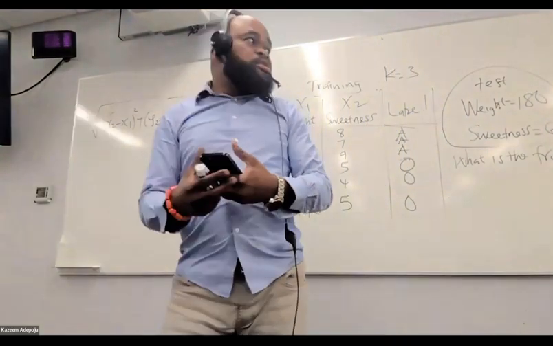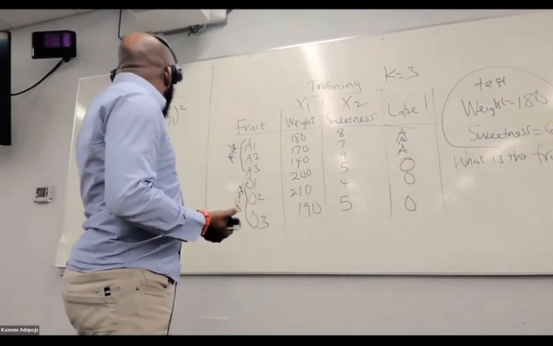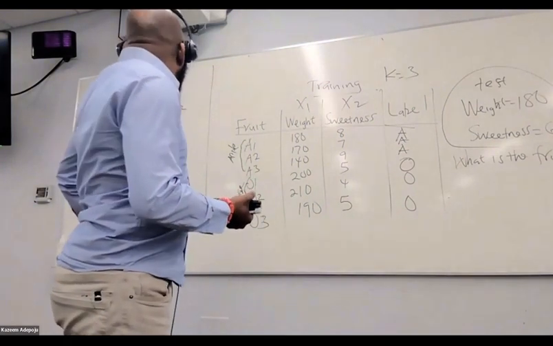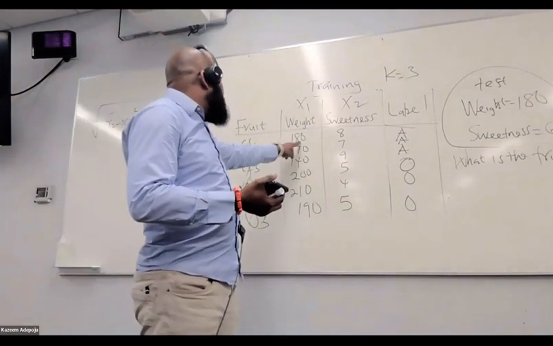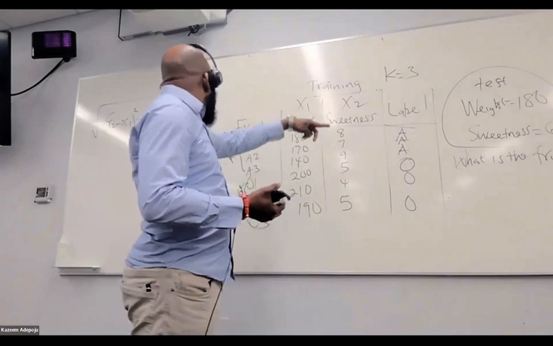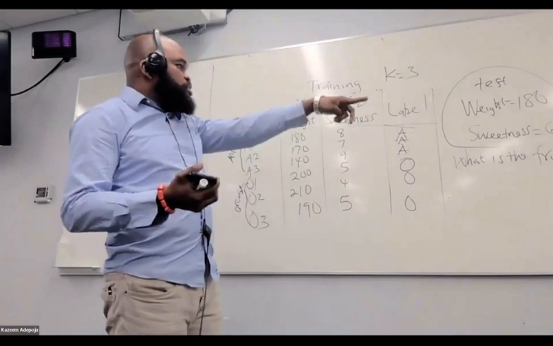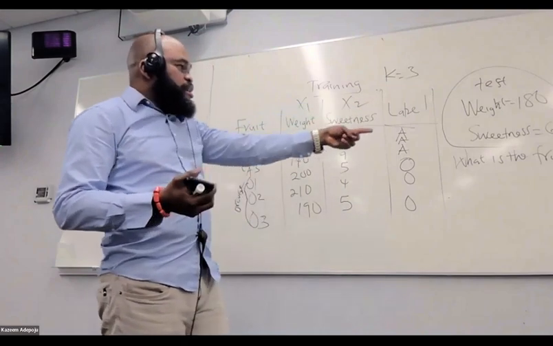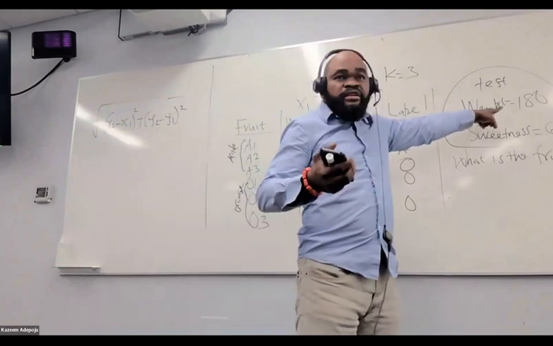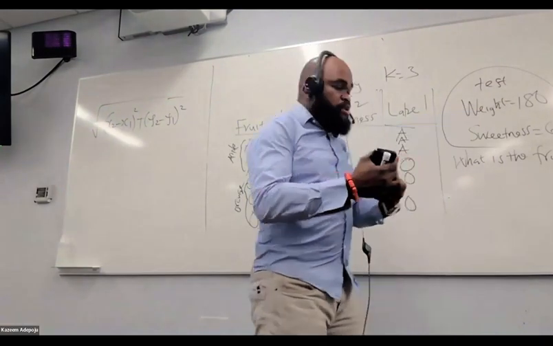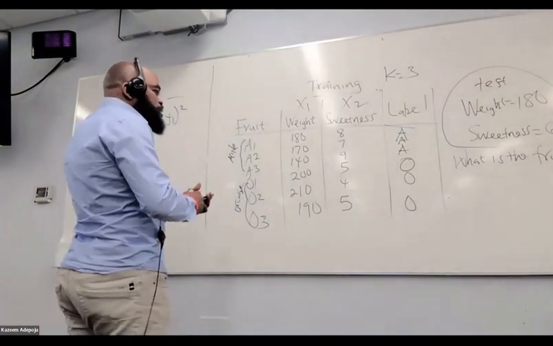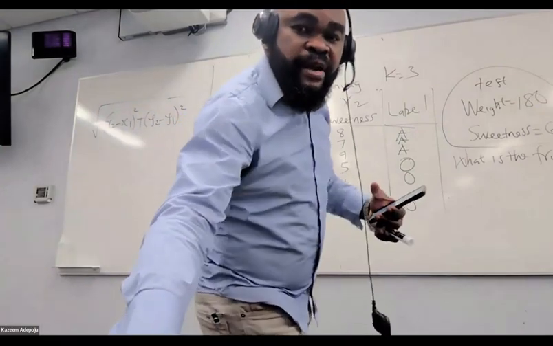What is going to happen is this: I'm going to start subtracting. What am I going to subtract? The weight, 180. So this is what you're going to see me writing.